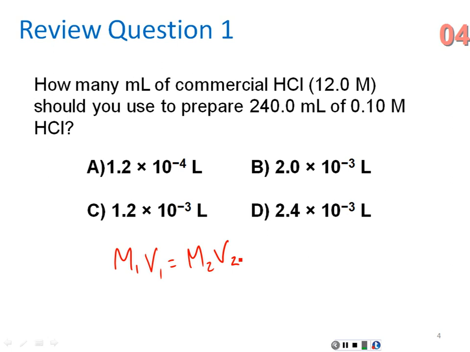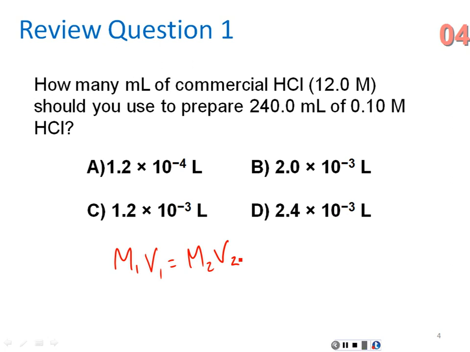Okay. So we know what equation to use. How do we set this up? You have to define 1 and 2. So let's define 1 as the initial stock solution and 2 as what we want to prepare. Now reading through the problem, we're given M1, the concentration of the stock.